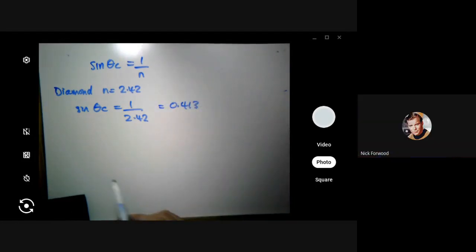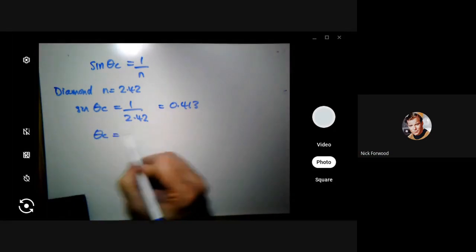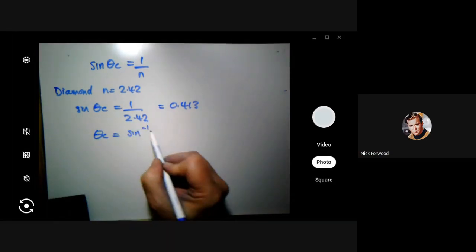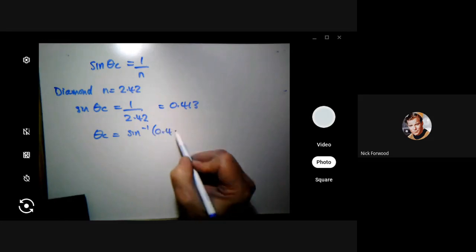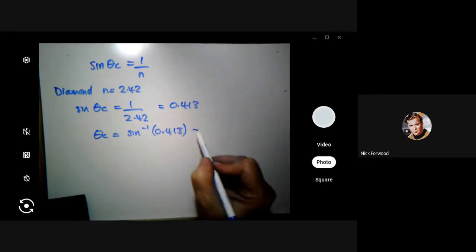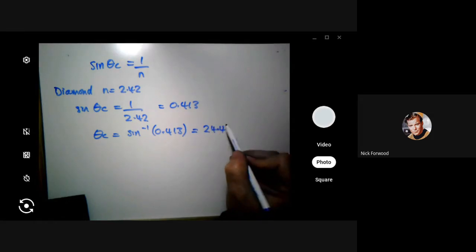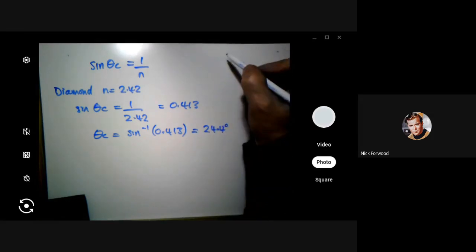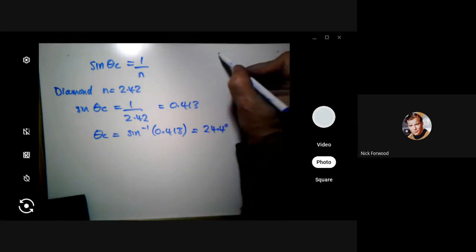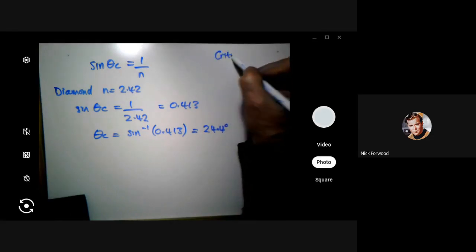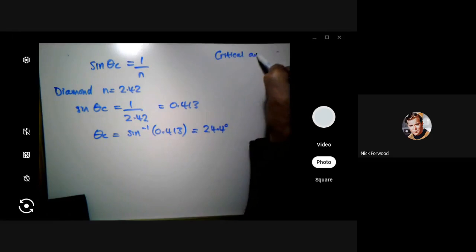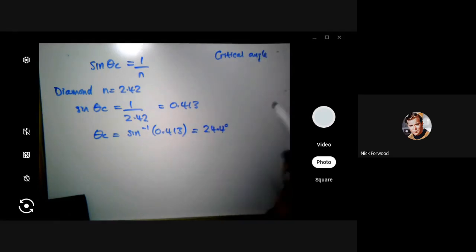You do the inverse sine. Theta c is the inverse sine of 0.413, and that comes out to be 24.4 degrees. So I could make up a critical angle table. You don't get given this, you'll have to work all these out if you want.